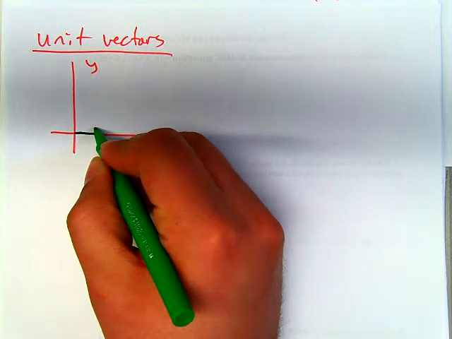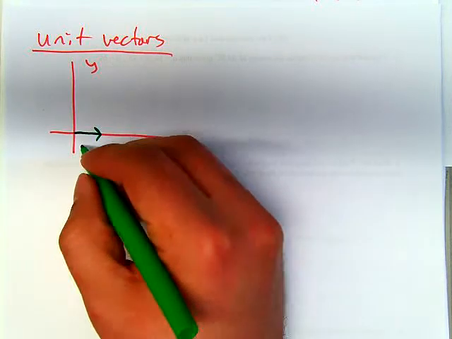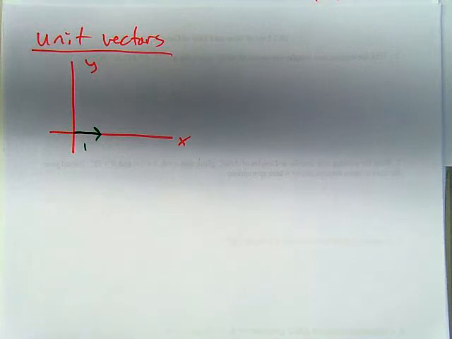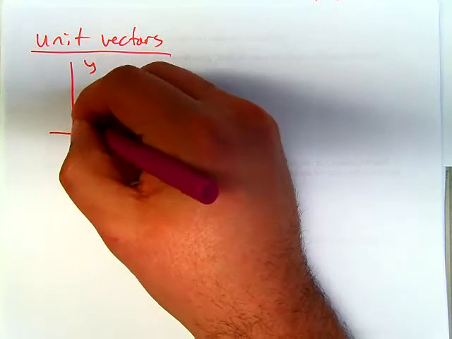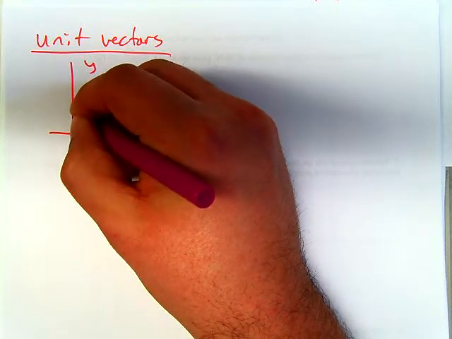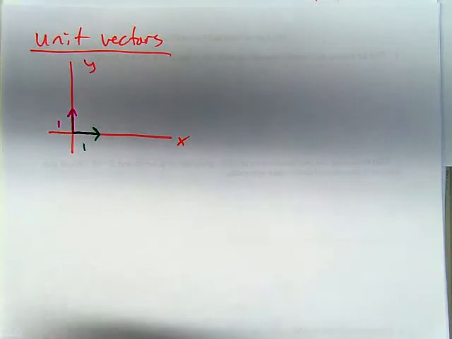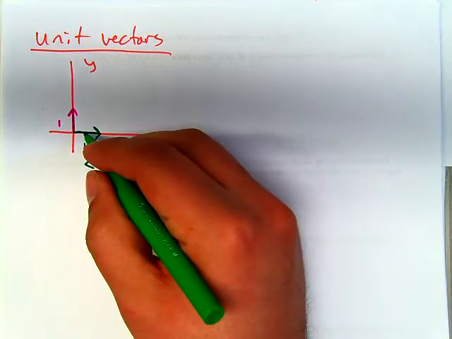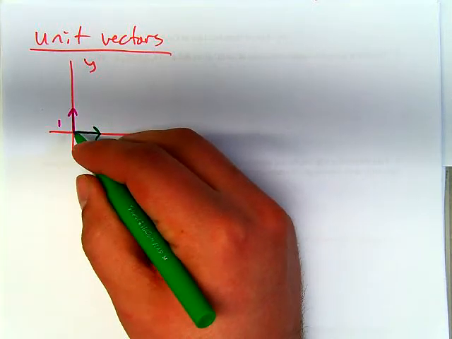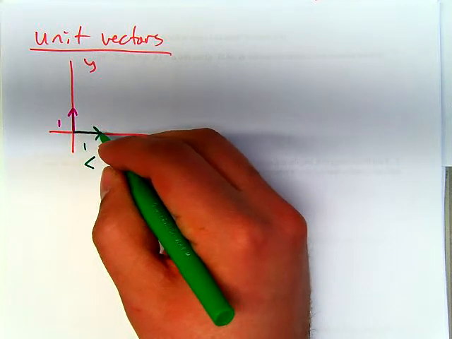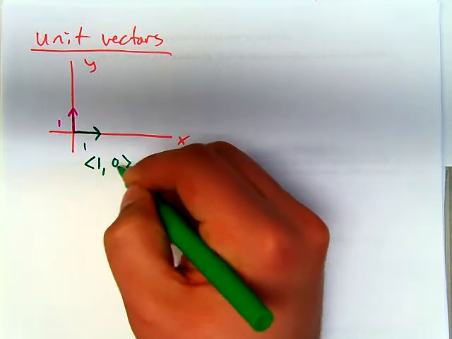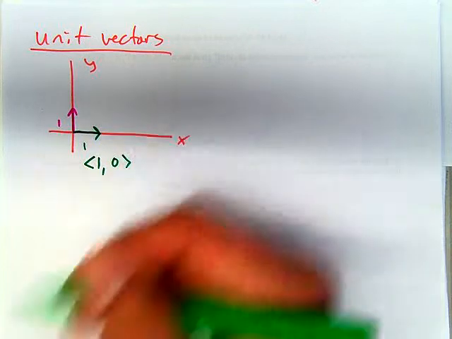Along the x-axis, we have a unit vector that's 1 unit long, and we also have a unit long vector in the y direction, which is 1 unit long. If I wrote the green vector in component form, I'd say, well, the horizontal is just 1 unit long, and the vertical is 0 because we're not going up or down at all.